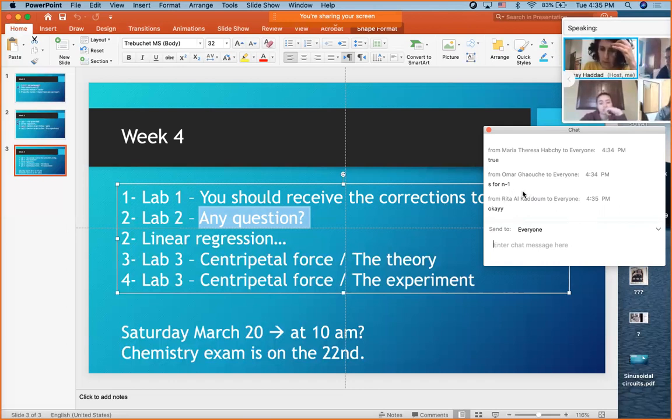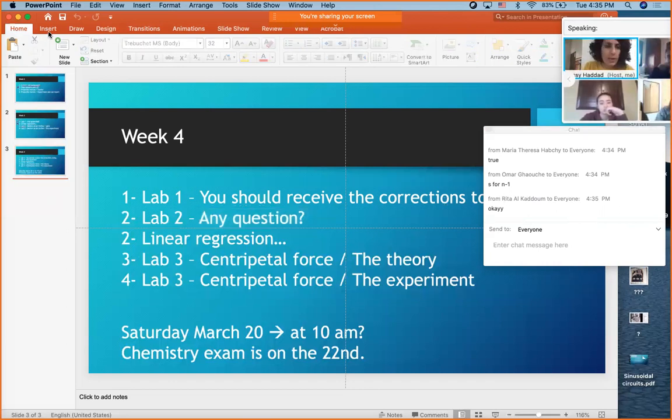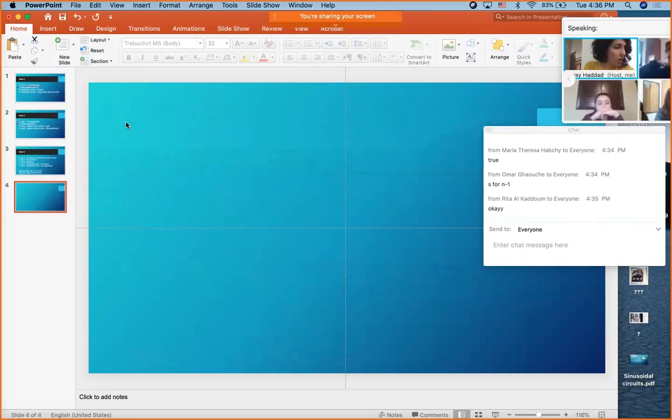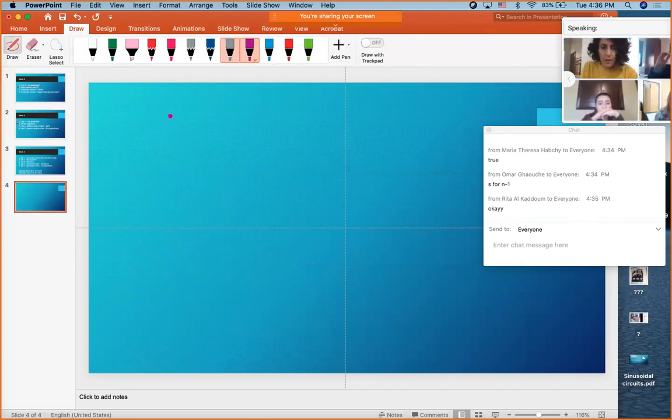All right, now let's open a slide, any empty slide to discuss the acceleration for this one. All right, so acceleration is equal to g sine theta. And the question is, how do I find the uncertainty on the theoretical acceleration?